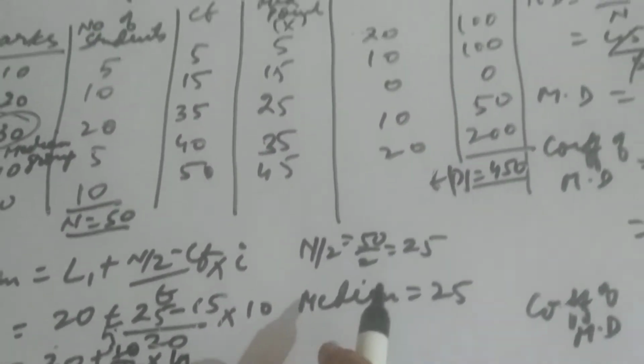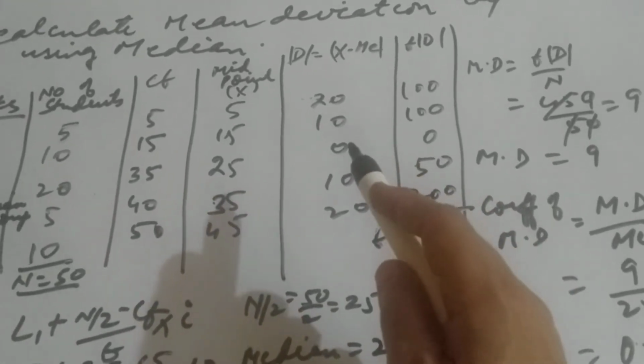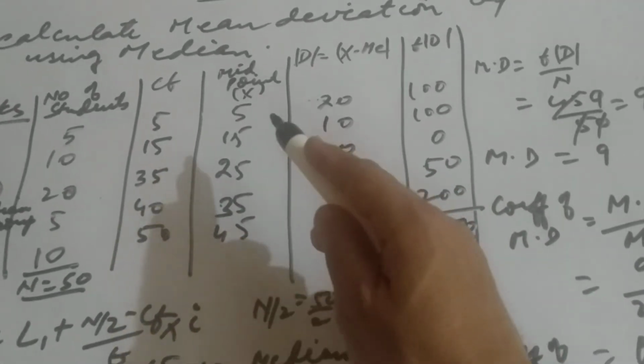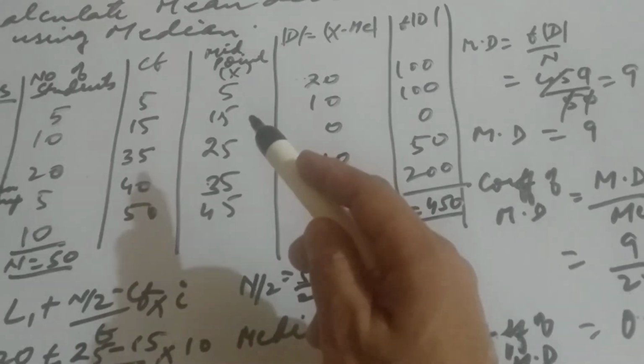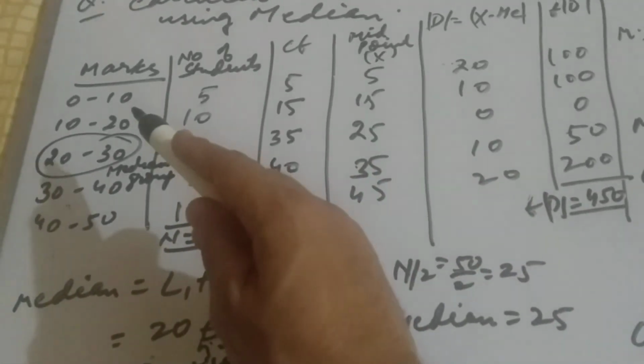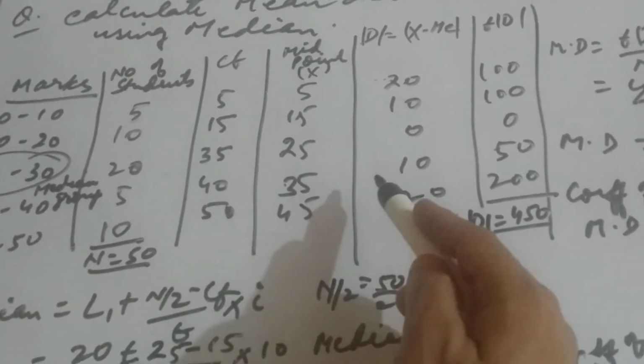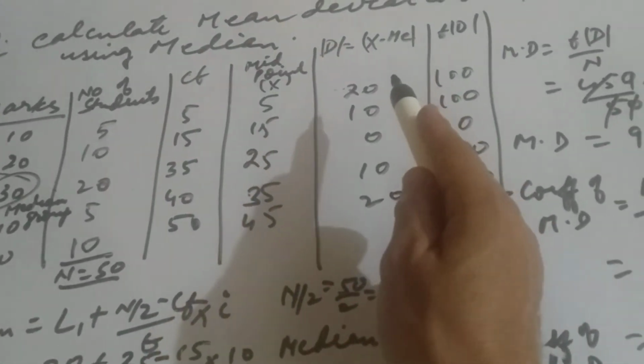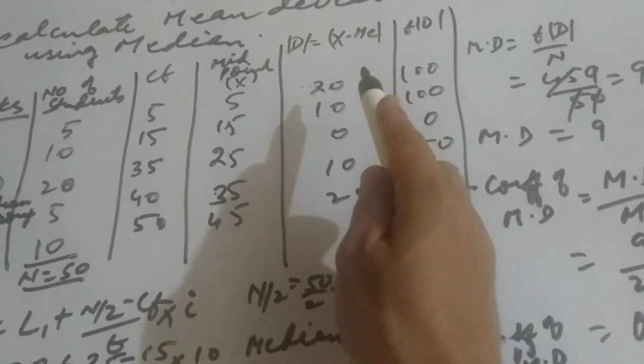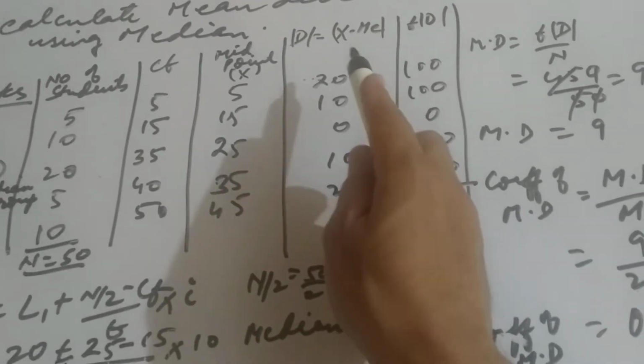Once you get the median to be 25, you first find the midpoints so that you get the value of x. The midpoints are 5, 15, 25, 35, 45. Now you need the modulus d column ready, which is x minus median.